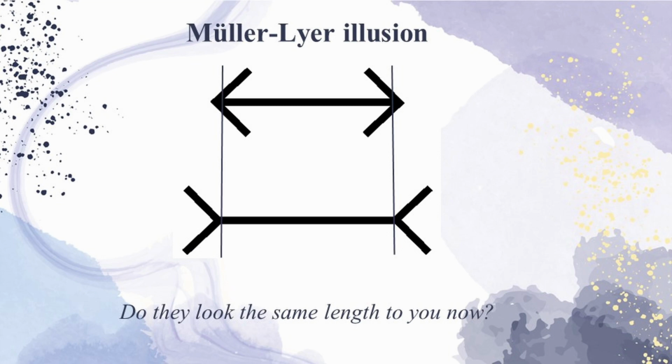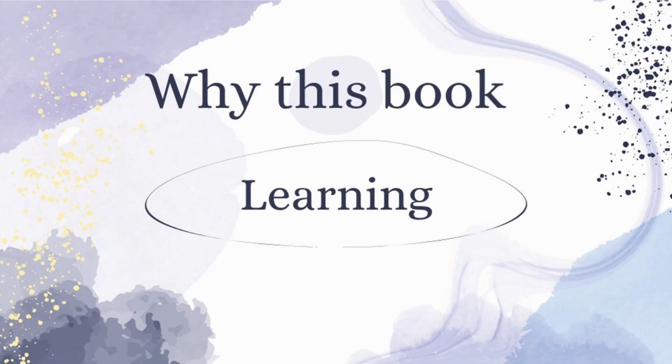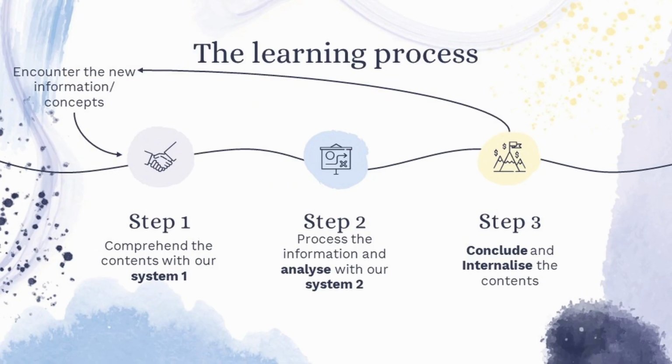So let me conclude: why would I introduce this book and why do I think it's helpful and beneficial for our learning? Our learning process is like this. Every time we encounter new information or a concept, we comprehend the content with our system 1, that is, our intuitions, the information or knowledge that already exists in our brain.